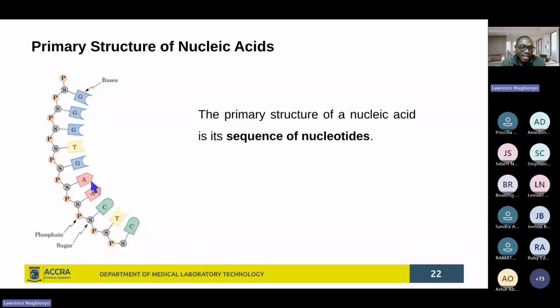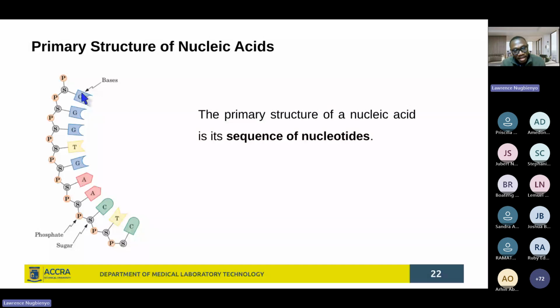When we say adenine, what we mean is adenosine monophosphate, because in the nucleotide you have a sugar on which you have the base and the phosphate group bonded. So really, when we say guanine, we don't just mean the base, we mean the nucleotide, because it is the nucleotide that binds to form the nucleic acid chain.